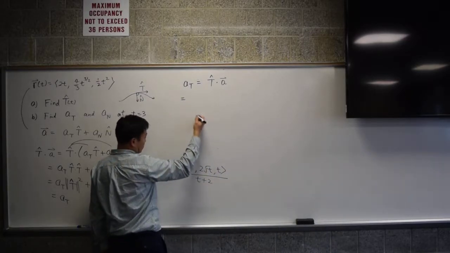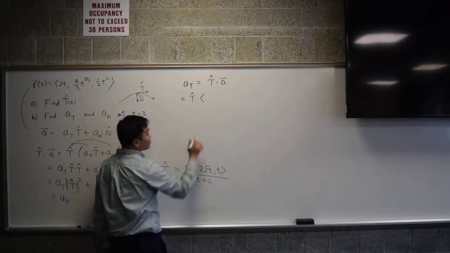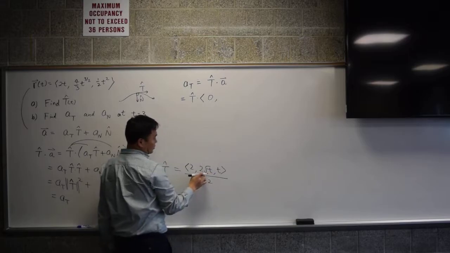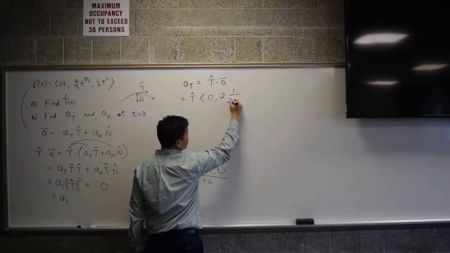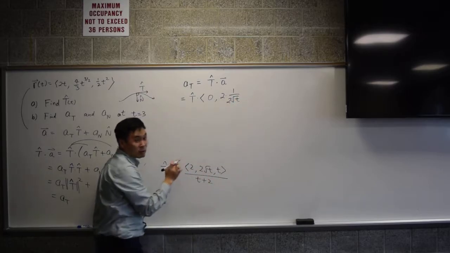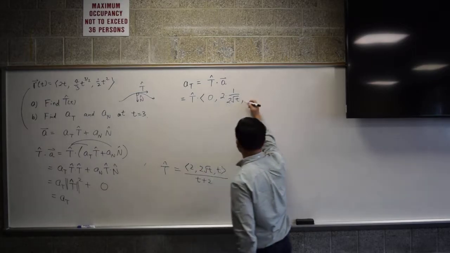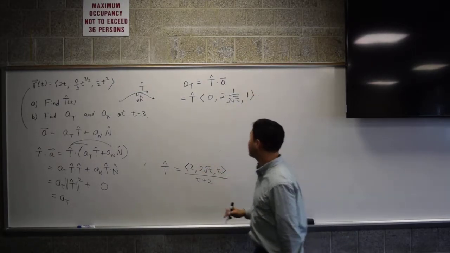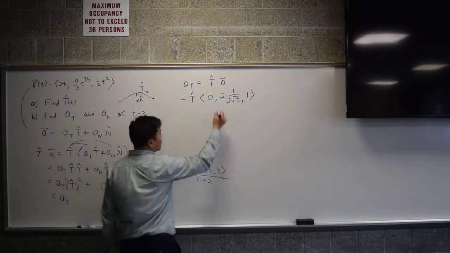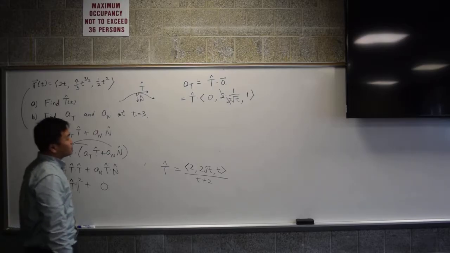So let's see. It's dotted with, if I differentiate 2, that's 0. If I differentiate square root of t, that's what? 1 over 2 square root of t. Hopefully you memorize this. Again, square root of t differentiates to 1 over 2 square root of t. And if you differentiate t, you get 1. 2 cancels. So we're almost there.